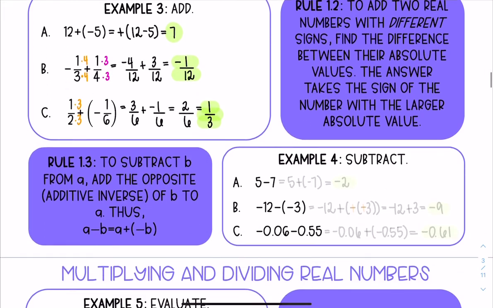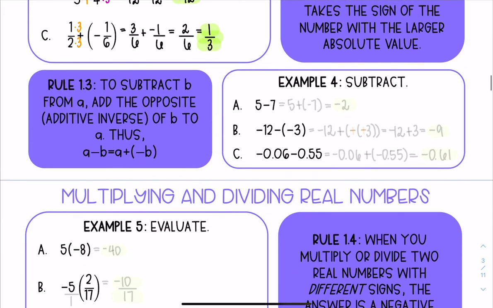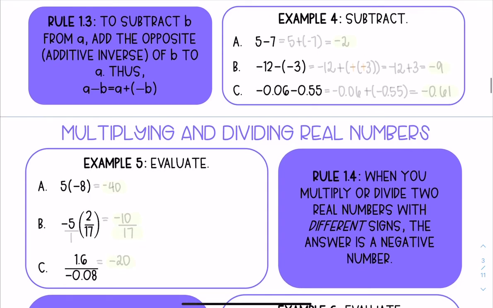Rule 1.3 says to subtract b from a, we add the opposite, or that additive inverse we talked about before, of b to a. So a minus b is going to turn into a plus negative b. So let's go ahead and try that. We got 5 minus 7.